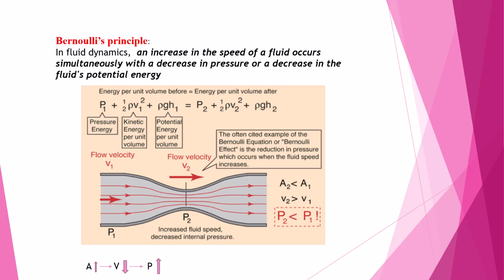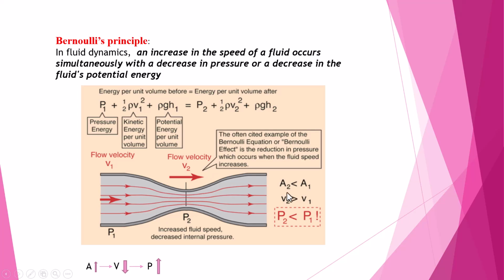So A1 is larger than A2, but V1 is smaller than V2. So P1 is larger than P2. Here, point 1 has the larger pressure P2.